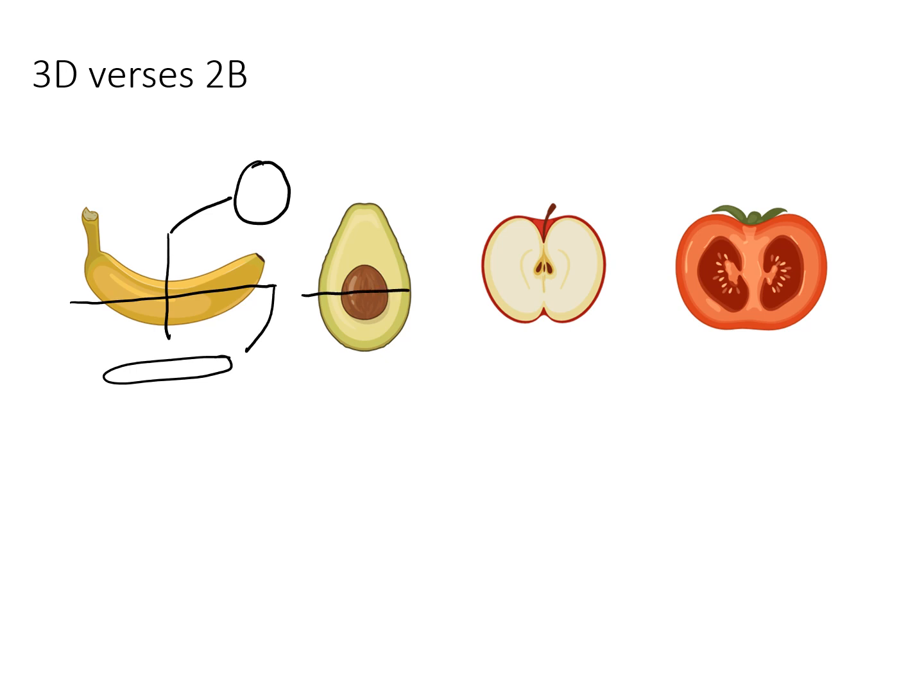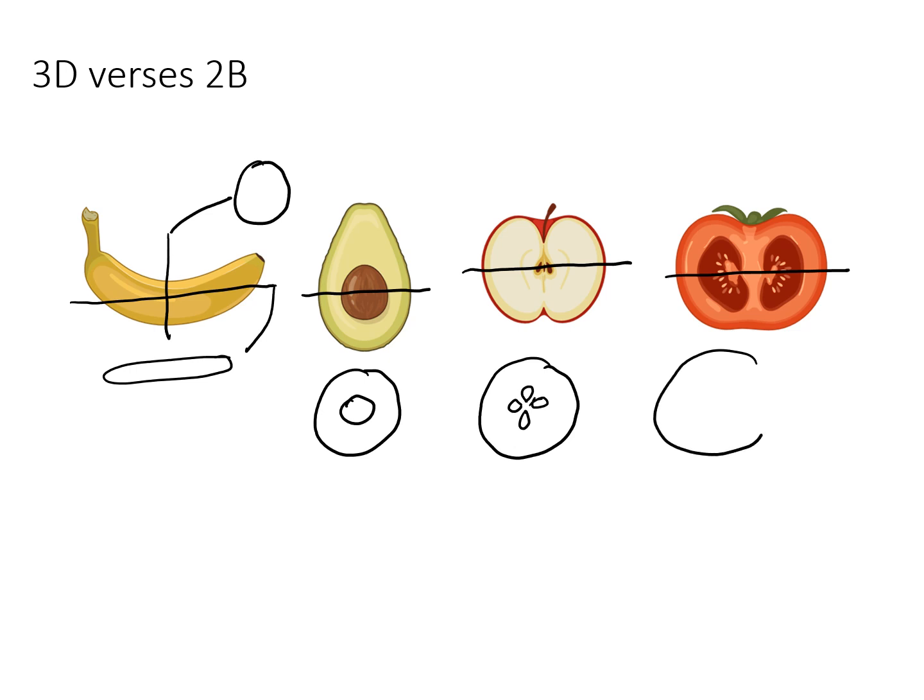If we were to divide this avocado here, we would get a section that looks like this with the pit in the center. If we were to divide this apple here, we would get something that looks more like this with the seeds. And I don't think that I can really draw a tomato, but we would get things that kind of look like this with all of the seeds in here. So these can look significantly different.